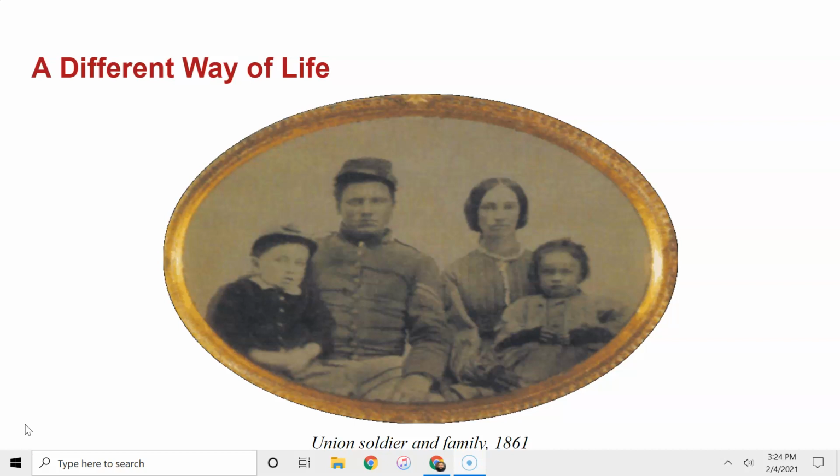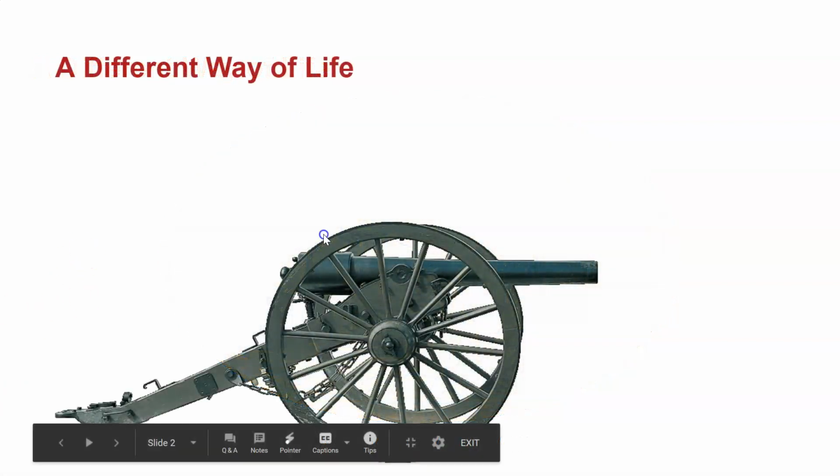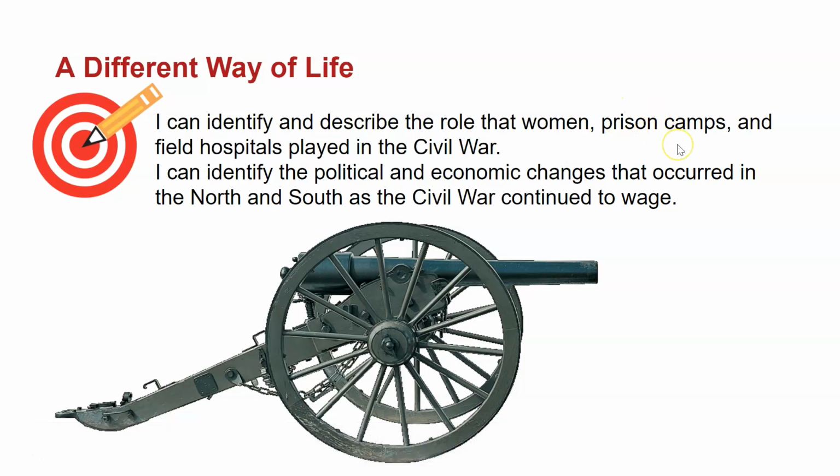As we dive in further, we're going to begin to look at the roles that we see from women. We're going to look at the roles of prison camps as well as field hospitals in the Civil War.